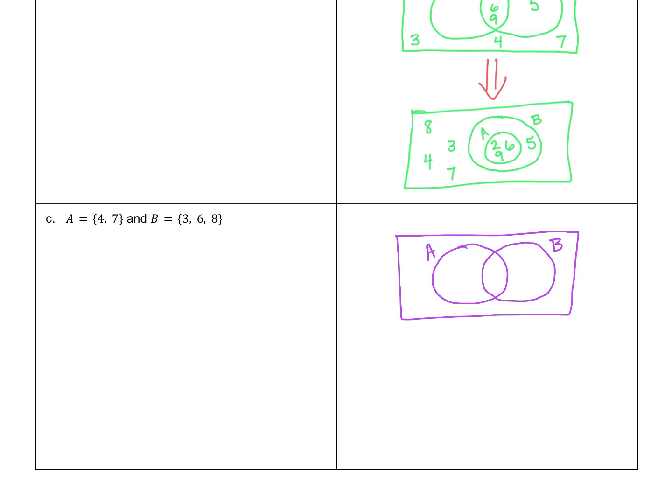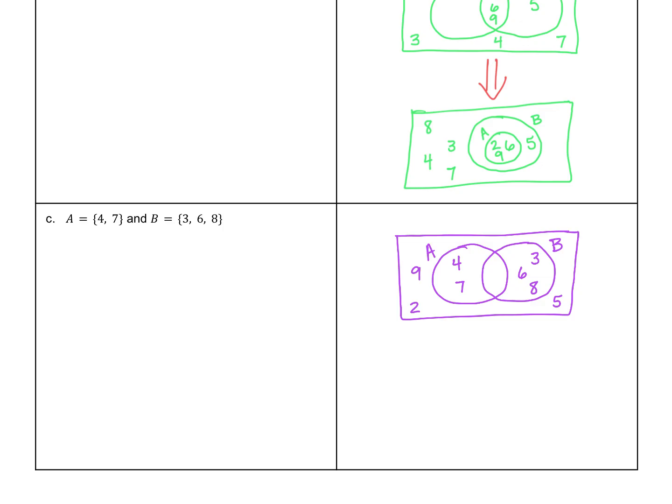They do not have anything in common, so we will have 4 and 7 here. And then we'll have 3, 6, and 8 here. And remember, we have the numbers 2 through 9, so 2 is not represented, so 2 would be on the outside. We have 2, 3, 4. We will have 5 as well, 6, 7, 8, and 9 will also go on the outside.